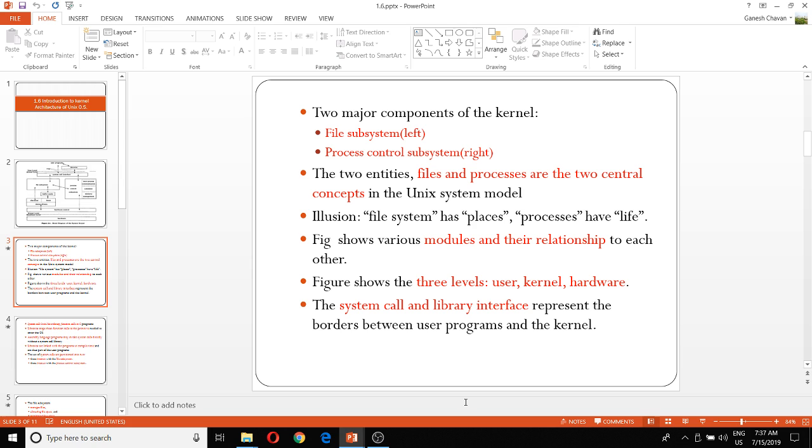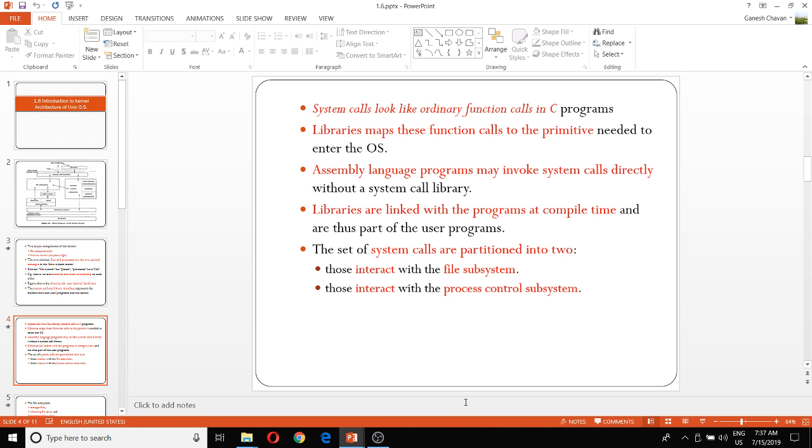Figure shows various modules and their relationship to each other. Figure shows three levels: user level, kernel level, and hardware level. The system call and library interface represent the borders between the user programs and the kernel. System calls look like ordinary function calls in C programs.